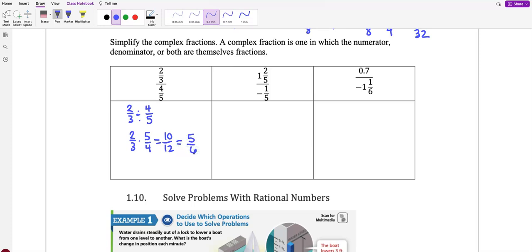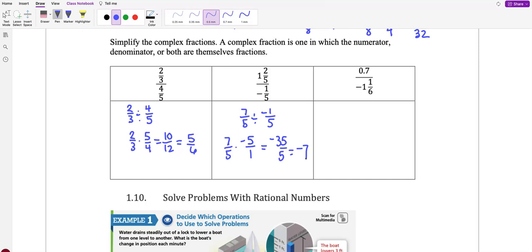The next one's going to be a negative number. If I convert it to improper fractions, this is 7/5 divided by negative 1/5. That's 7/5 times negative 5 over 1. So this is what? Negative 35 over 5, which is negative 7.